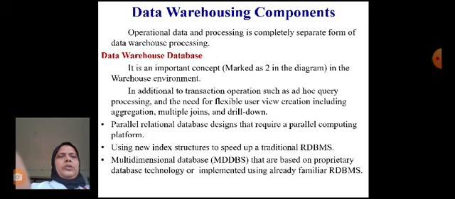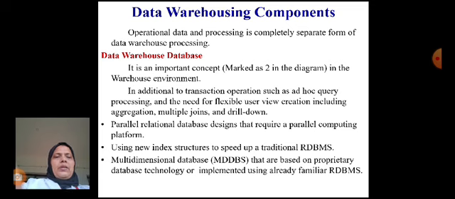See, data warehousing components. Operational data and processing is completely separate from data warehouse processing. The data warehouse database is an important concept. In the diagram it is marked as 2, the warehouse environment. In addition to transaction operations such as ad hoc query processing, and the need for flexible user view creation including aggregation, multiple joins and drill-down operations, we are using a data warehouse.